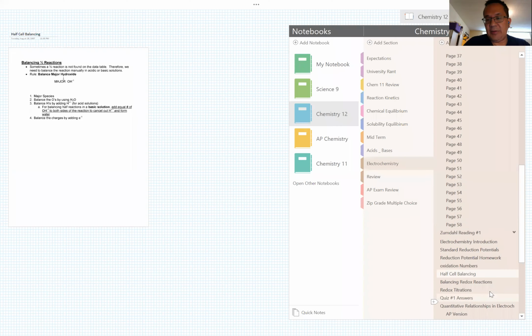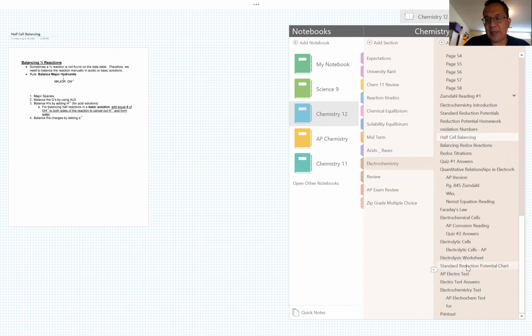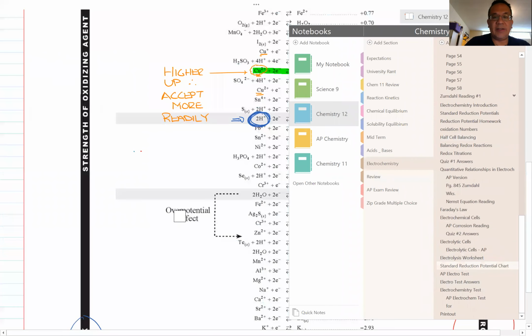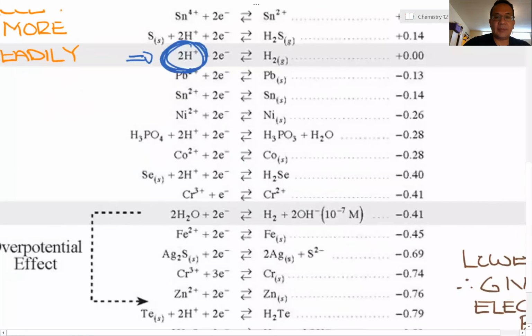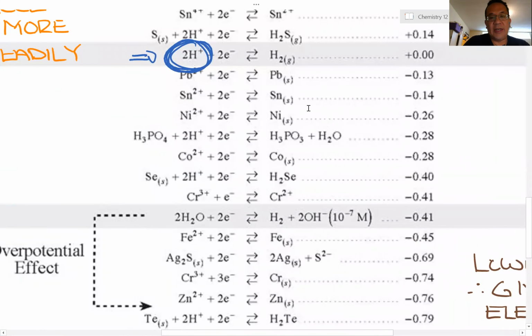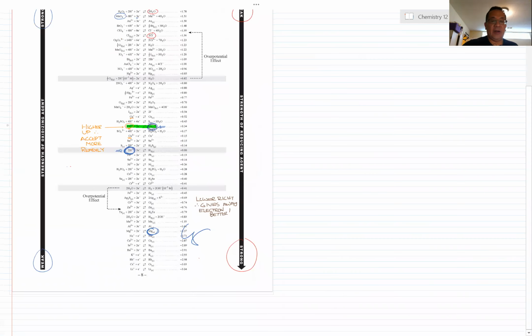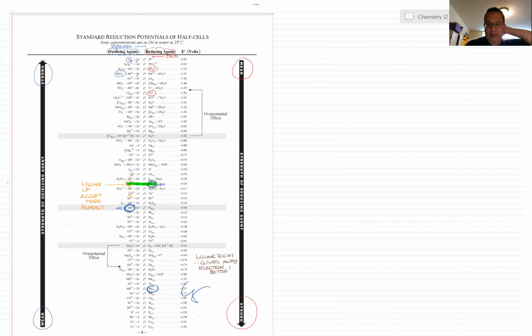And remember we had the standard reduction potential table. You were given this, and these are half reactions, and these are already balanced for you. But what if this is not all of the half reactions that can occur in reality?